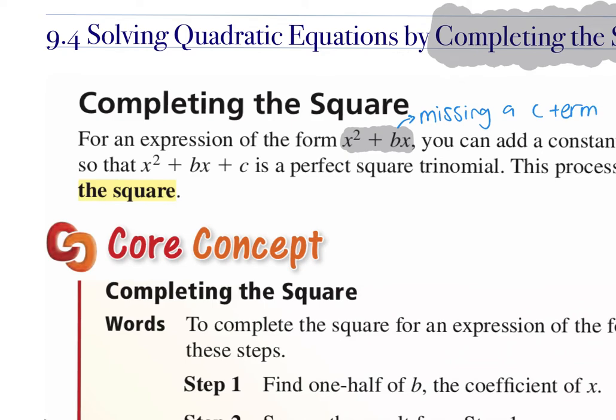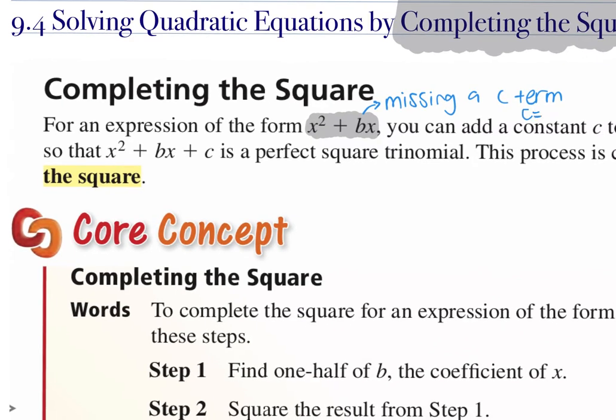In other words, our C term is equal to 0. Okay? It's nada. It's gone. Poof. It disappeared. Okay? What else is slightly off here? It's not equal to 0.